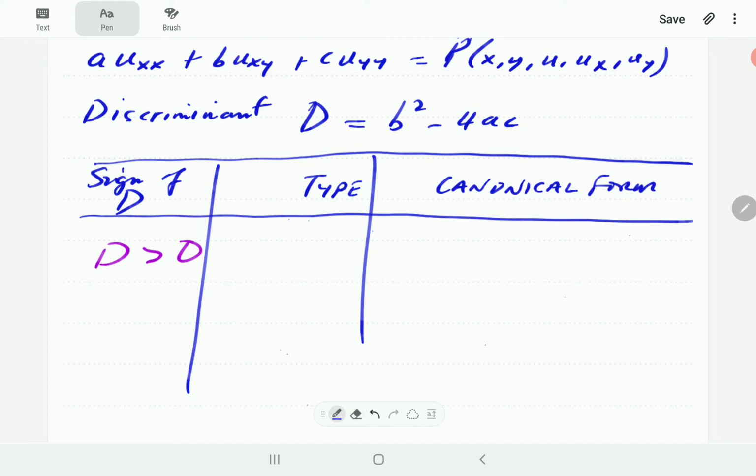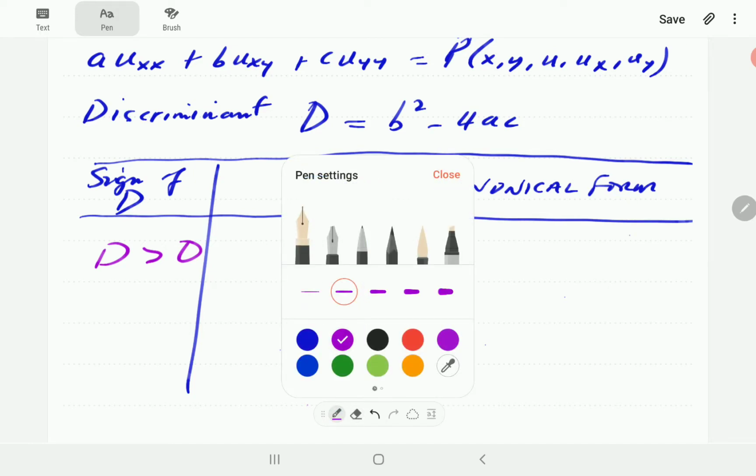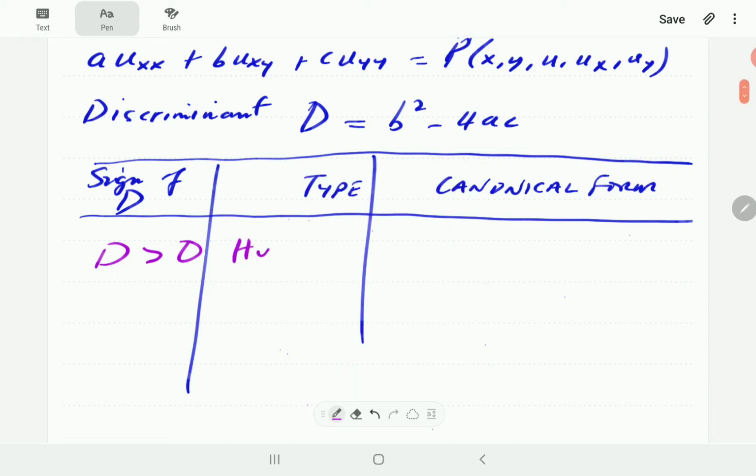So if D is positive, the PDE is called hyperbolic, and the canonical form is u_xi eta equal to f of xi, eta, u, u_xi, u_eta.